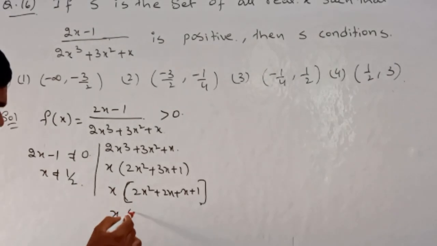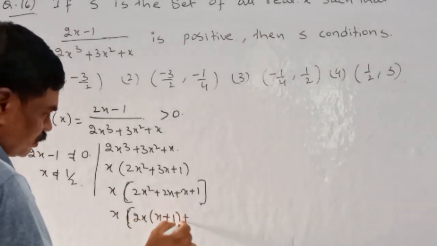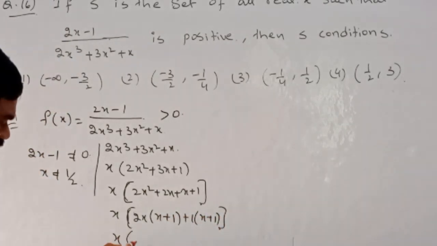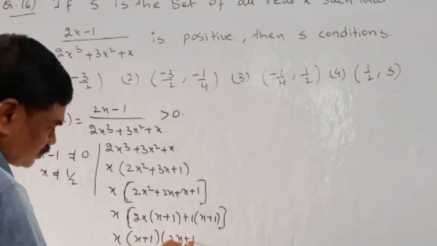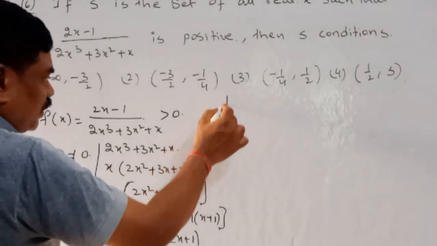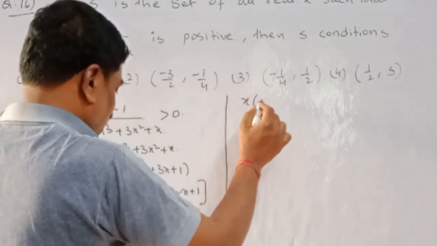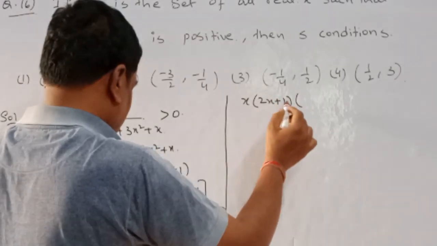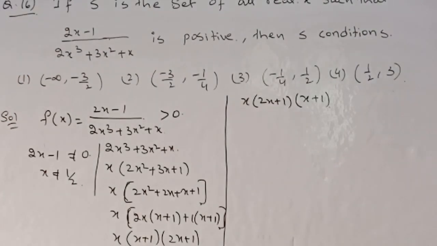Then x of, 2x as common, x plus 1, plus 1 as common, x plus 1. That is x of x plus 1 into 2x plus 1. So what are the factors of this one? x into 2x plus 1 into x plus 1. These are the factors. Okay, all of you?